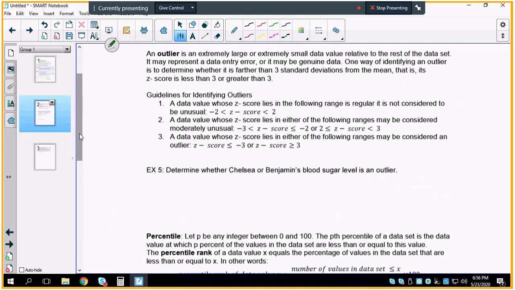One way of identifying an outlier is to determine whether it is farther than 3 standard deviations from the mean, that is, its z-score is less than -3 or greater than 3. In the course of doing that, we are also going to describe the classes of data. If a data value is between -2 and 2 z-scores, or 2 standard deviations to the left to 2 standard deviations to the right, then we call all these data usual data.